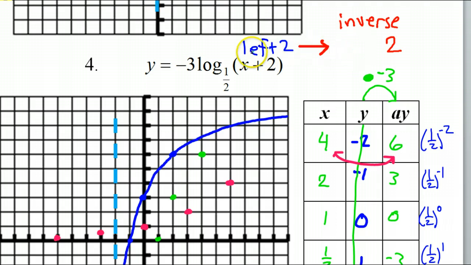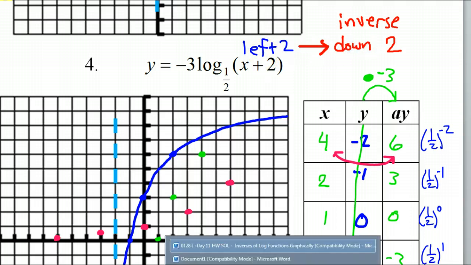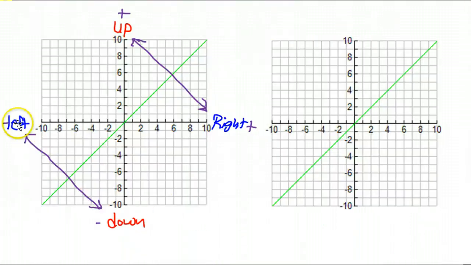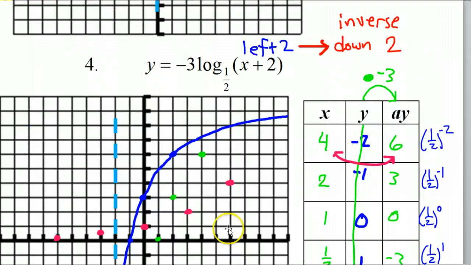Well, left is a negative value, so it's going to change to the other negative value, which is down. All right, left becomes down. So remember, left becomes down, and up becomes right. The positives switch with each other, and the negatives switch with each other. Okay, so the inverse will shift down 2.